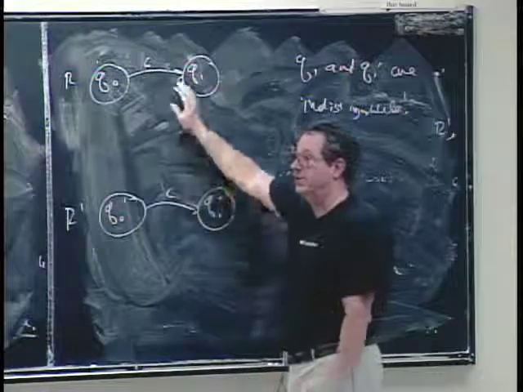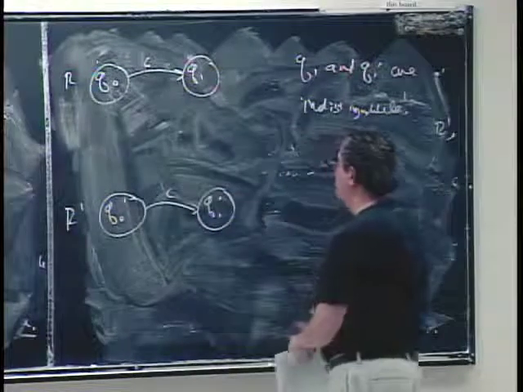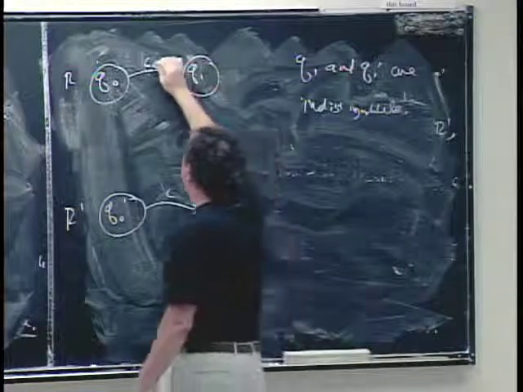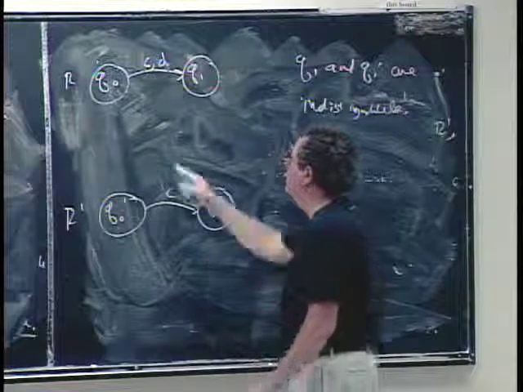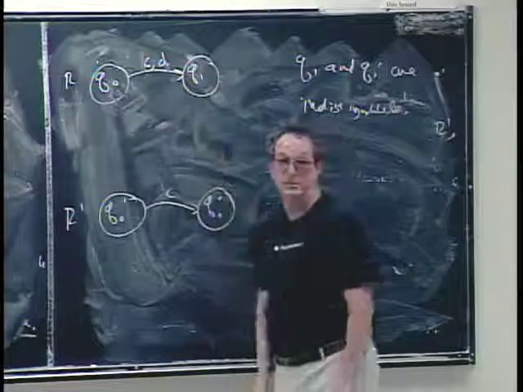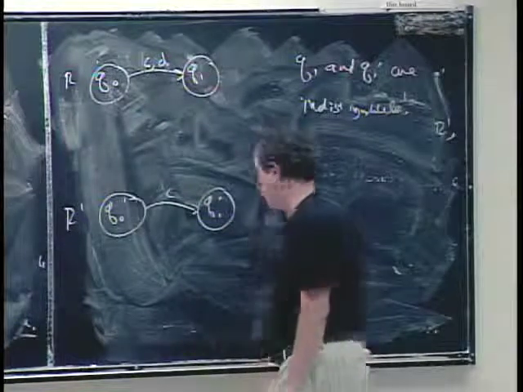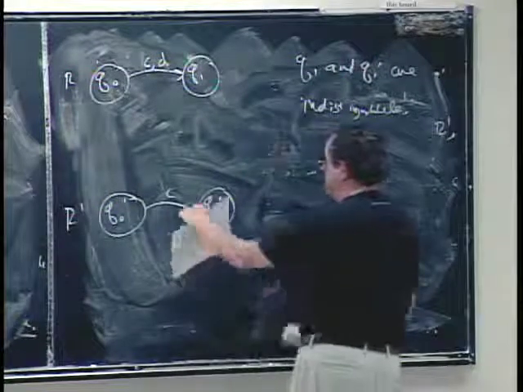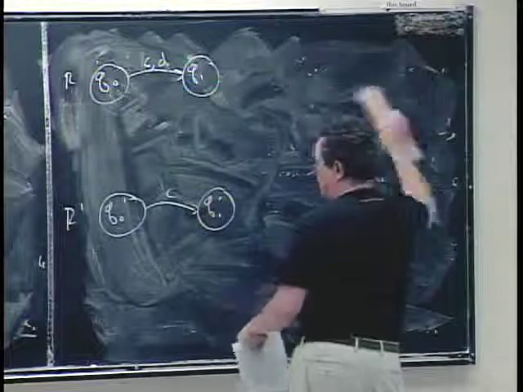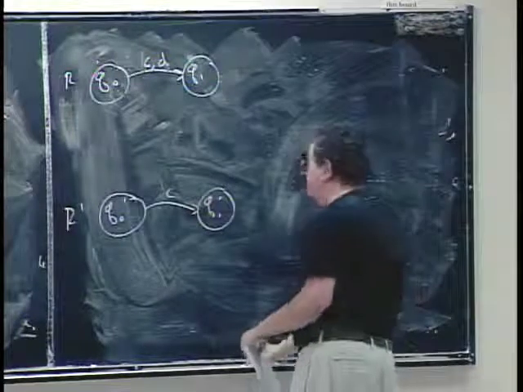But I still haven't shown you exactly how to map these edges. It's tempting to say now we're just going to map these edges, but I haven't completely finished that argument. Now suppose there's another character, D, that takes you from Q0 to Q1. I claim that D must also take you from Q0 prime to Q1 prime.